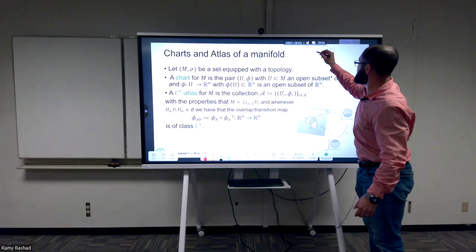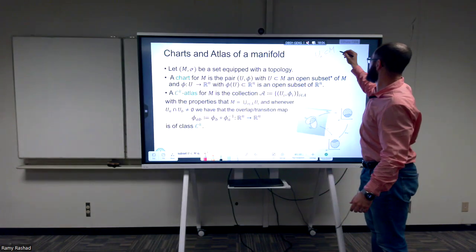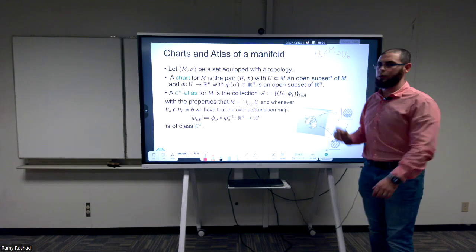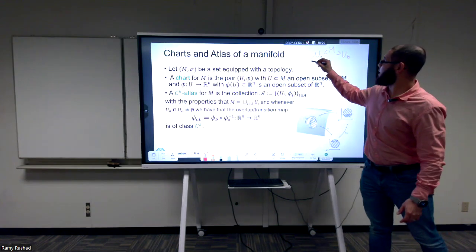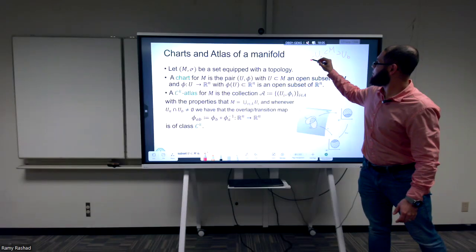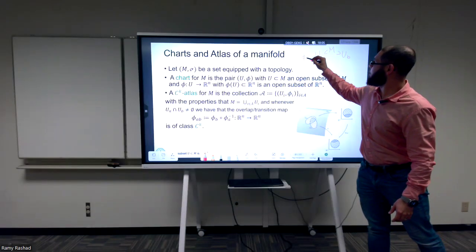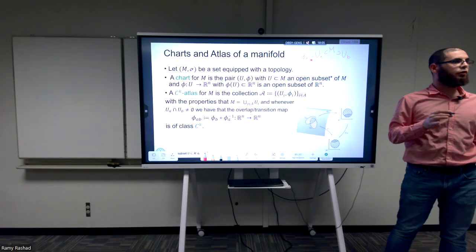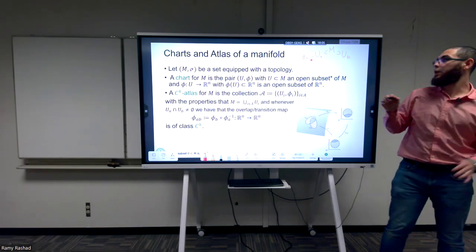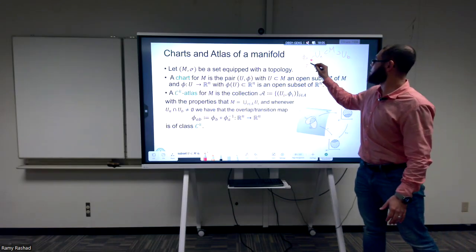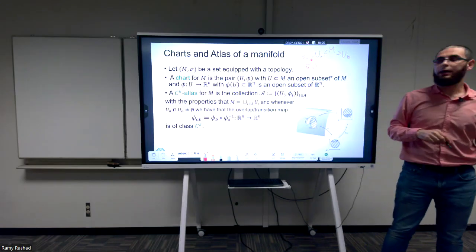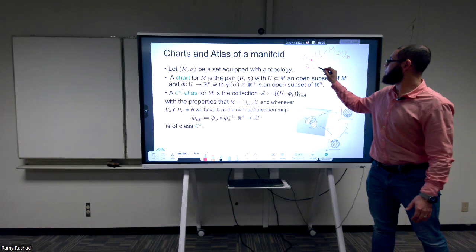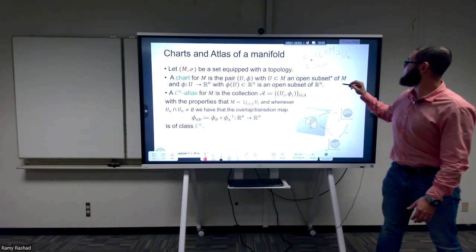We can either have a subset UA or another subset UB. Now from UA, I can have a map that I call phi A, and this will take me to some subset of Rn. The image of UA under the map phi A is a subset of Rn.